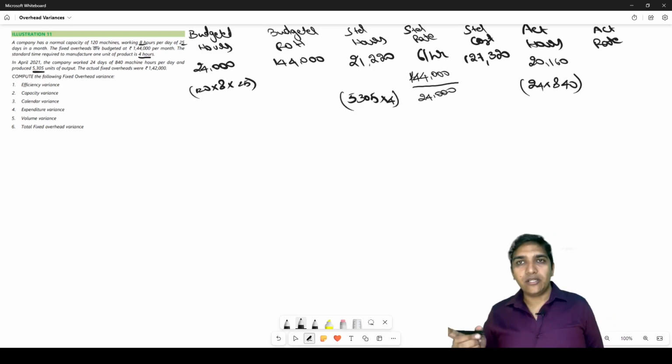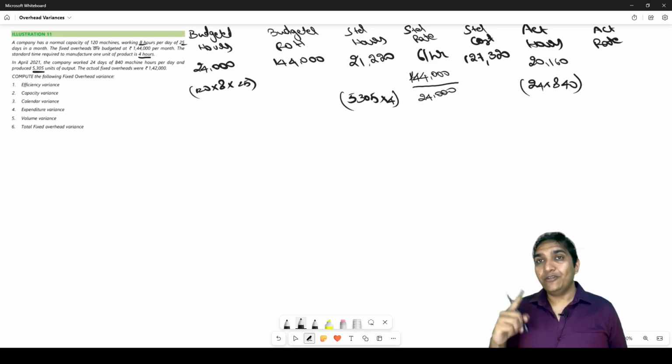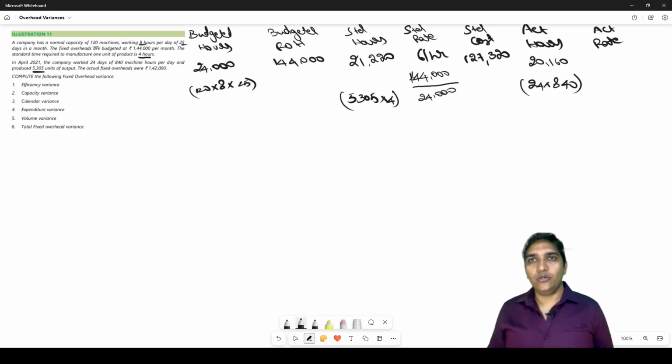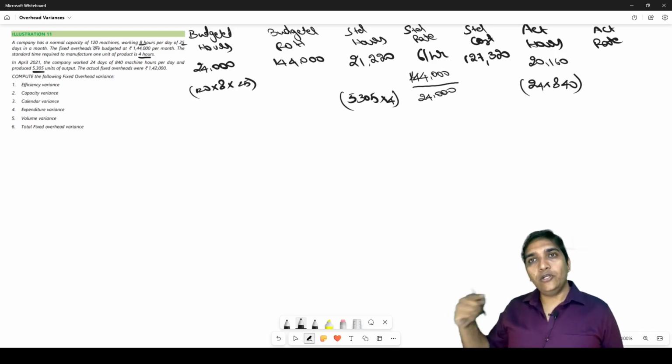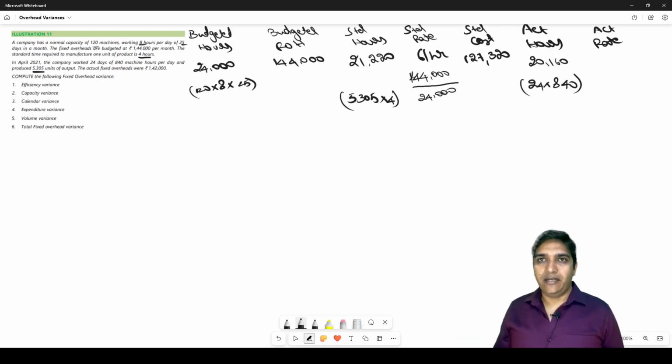Next, we have to calculate our actual rate. Has the question given the actual rate? No, and it will never give it ideally. Why? Because as I said, fixed overheads are fixed in nature. You cannot give it as a per unit cost, and we ideally do not even need to calculate the actual rate per unit.